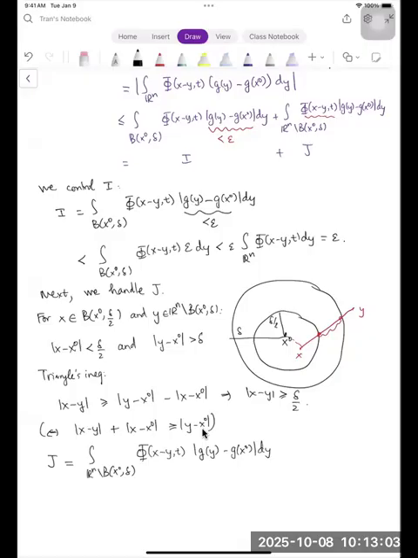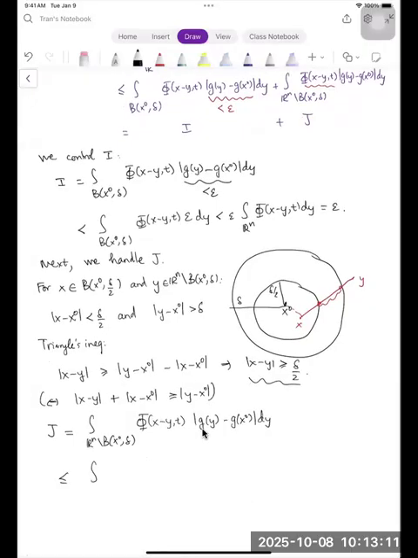Because we just proved that x minus y is greater than delta over 2, this is less than or equal to the integral over y minus x greater than or equal to delta over 2 of phi of x minus y, t.